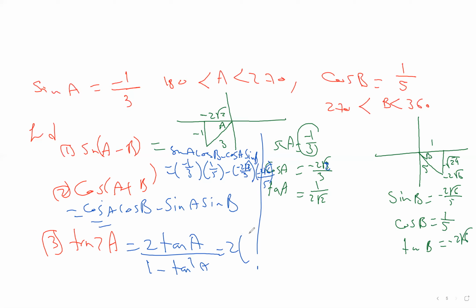Tan A is 1 over 2 root 2. No, wait, not the power of 2: 2 tan A only, and in the denominator it will be to the power of 2, 1 over 2 root 2, to the power of 2.